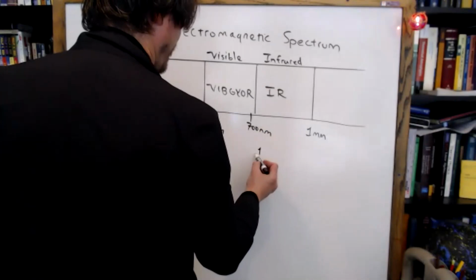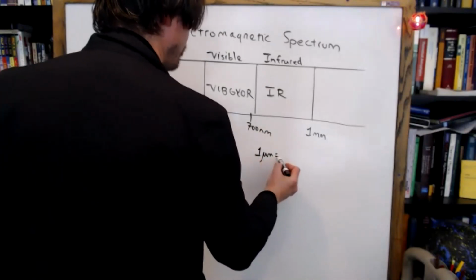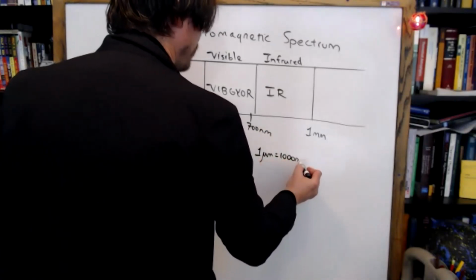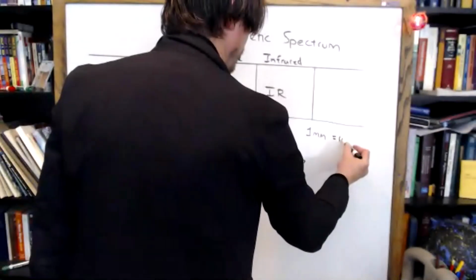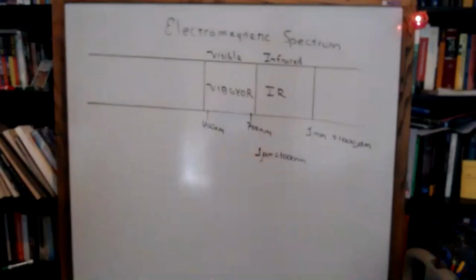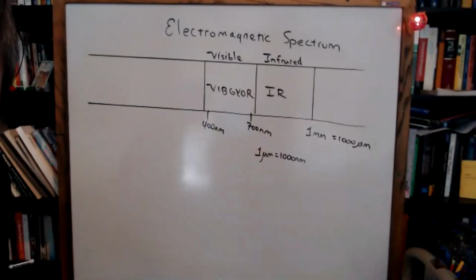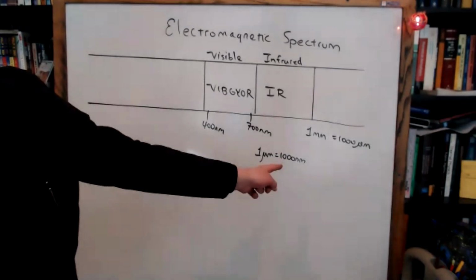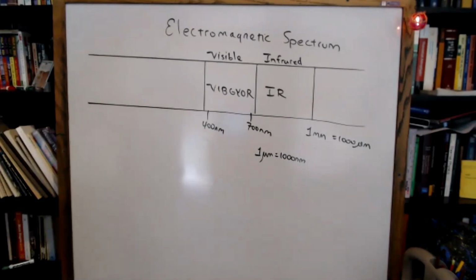Sort of over here, we have 1 micron. A micron is 1,000 nanometers, and a millimeter is 1,000 micrometers. So if you can imagine taking a millimeter and breaking it into 1,000 parts, that's what a micron is. And a micron itself can be broken into 1,000 nanometers.